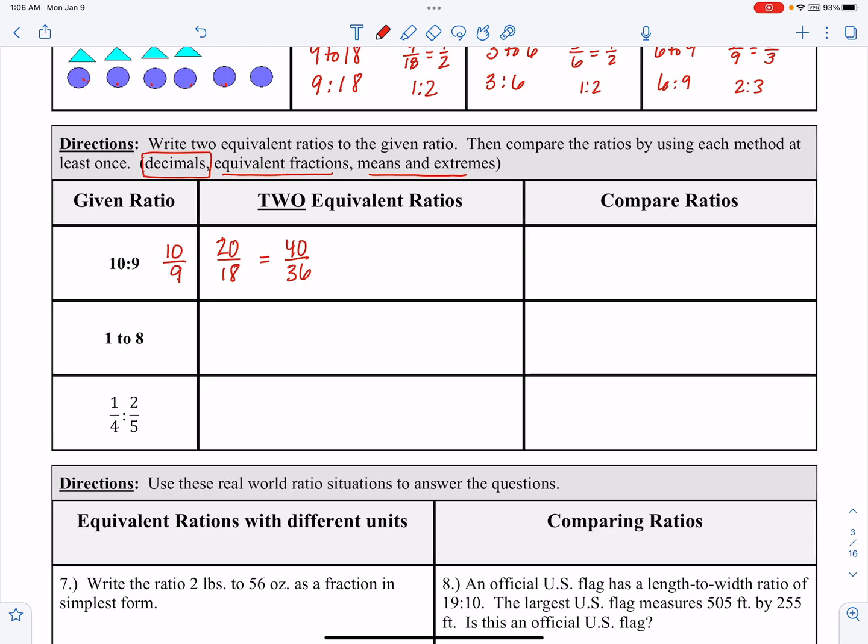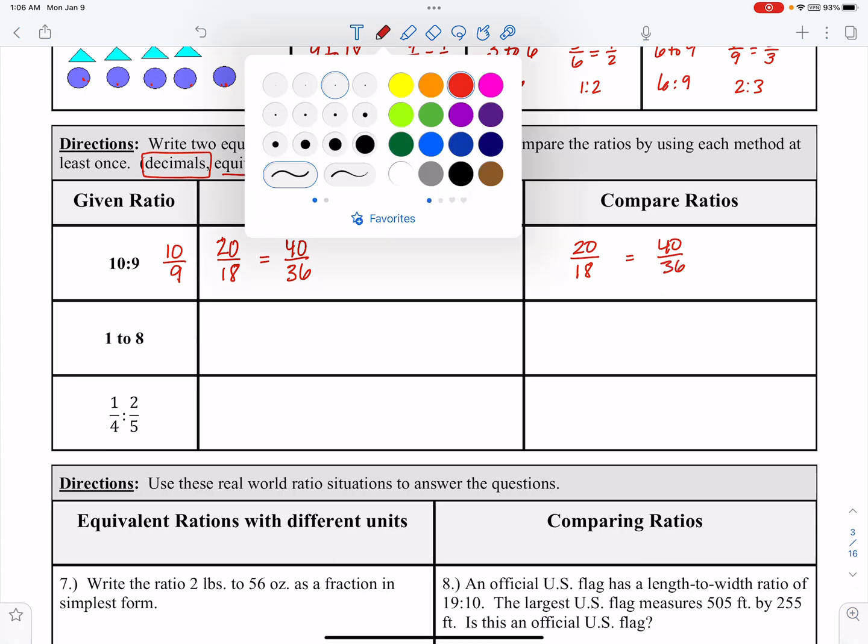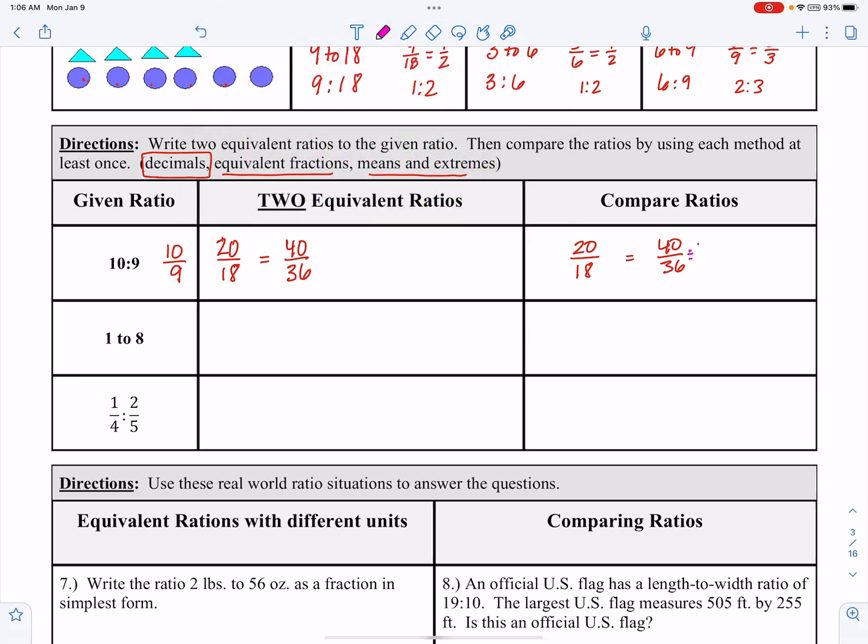So I can set 20/18 next to 40/36, and then I can show my dividing by 2/2 to show that this is actually 20/18, and so they are equivalent to each other.